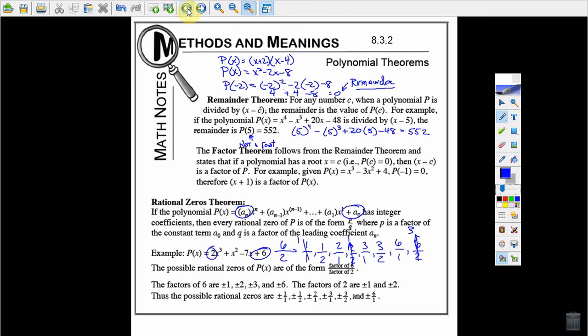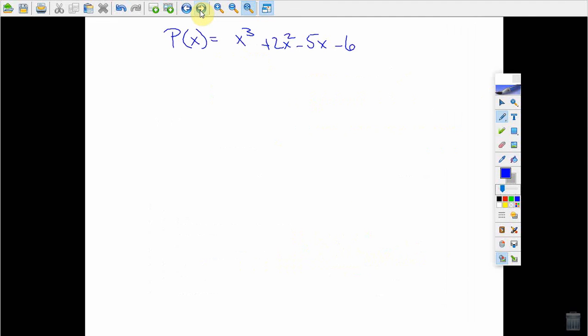So I'm going to leave you with one to think about here. I'm going to give you a cubic function. I'm going to say p of x equals x cubed plus 2x squared minus 5x minus 6. I want you to see if you can find the roots for that polynomial.